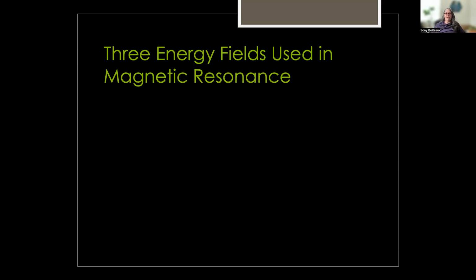And of course, we have the various areas where there's absorption, which will show up as areas of white on our image, and where there's areas of high transmission, it'll show up very dark. So again, there's just one energy source in radiography, whereas in magnetic resonance, there's actually three different energy fields that are at play.